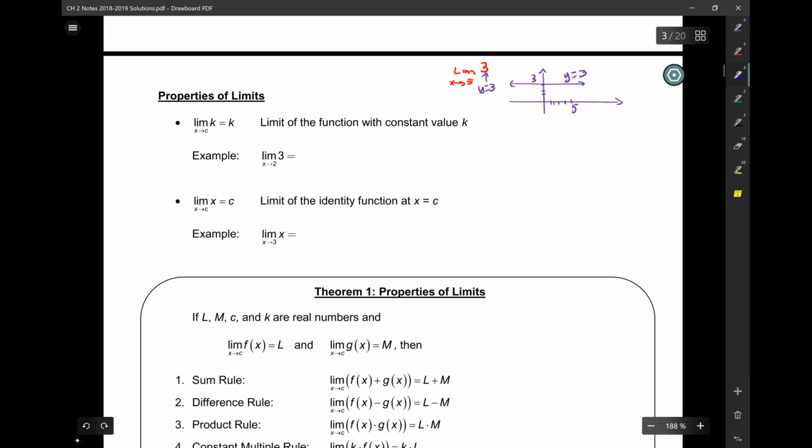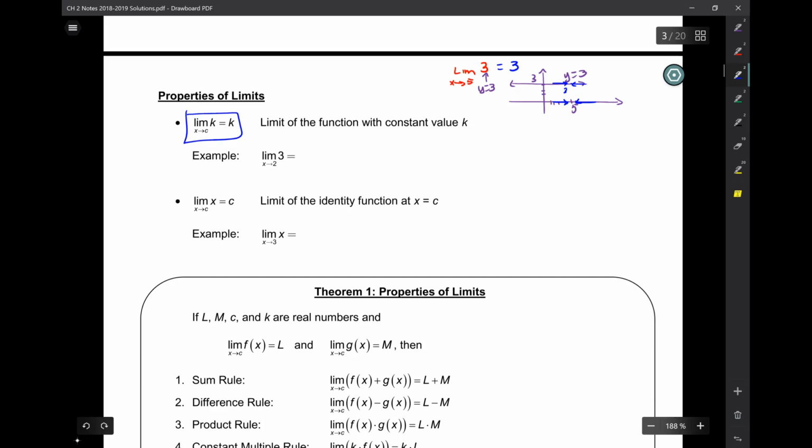As I'm approaching 5 from the left-hand side, what value is the graph approaching? 3. And from the right-hand side, 3, right? The function is y equals 3. That's a constant. Another way of looking at it is the function value is constantly 3. So the limit would just be 3.